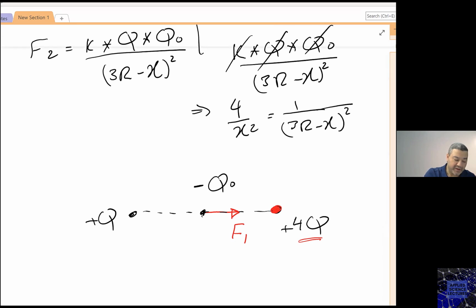Now the same thing is going to happen for this charge. Because this one is positive and this one is negative, the force is going to be attractive as well.